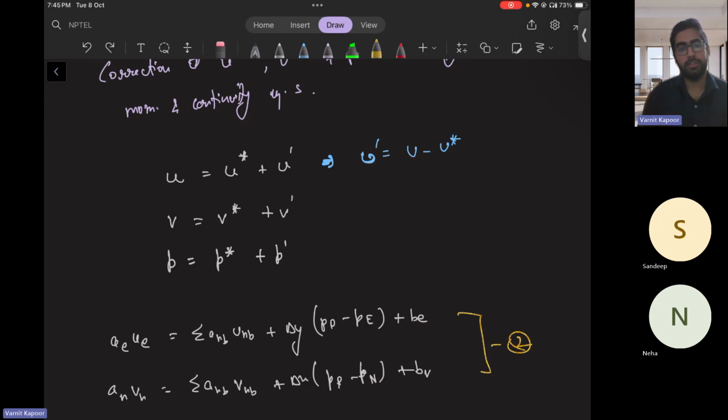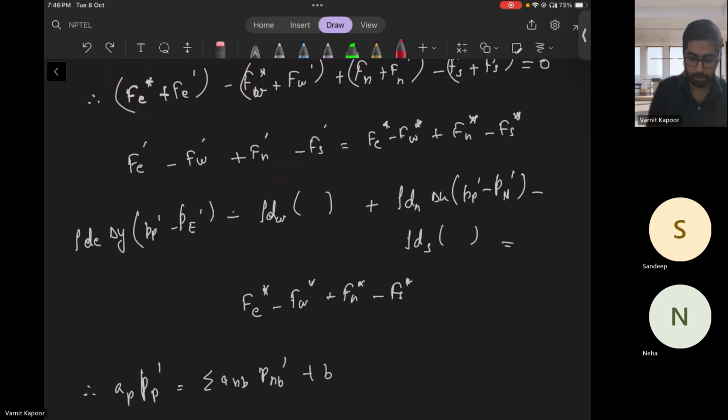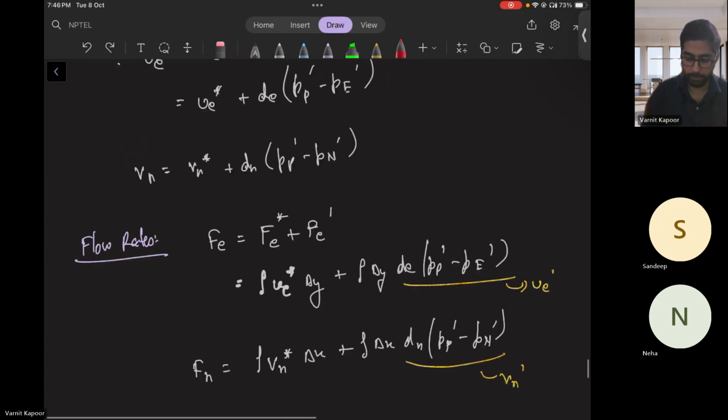So the velocity corrections are zero. That means we have obtained a converged Ue and Vn. Basically, we want the correction to come out to be zero, and this should be equal to this. That is the requirement eventually.